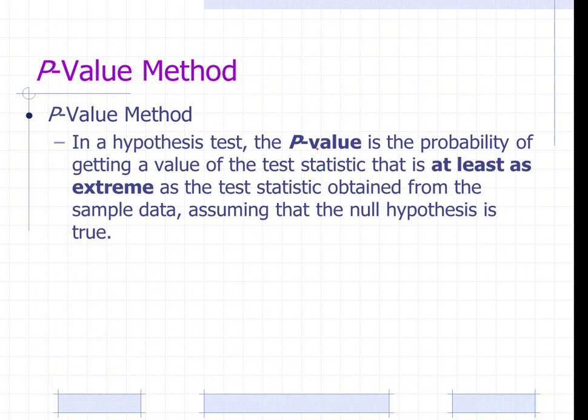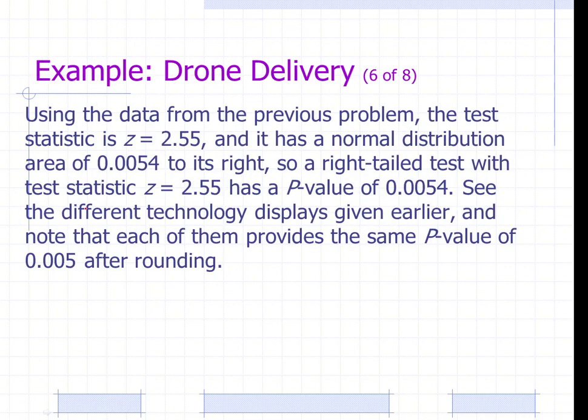Now, the p-value method means that we're looking for a p-value if the null hypothesis is true. What is the probability that we would get a value from our sample as extreme as we did? So we know our z is 2.55. It's a normal distribution. It was a right-tailed test.